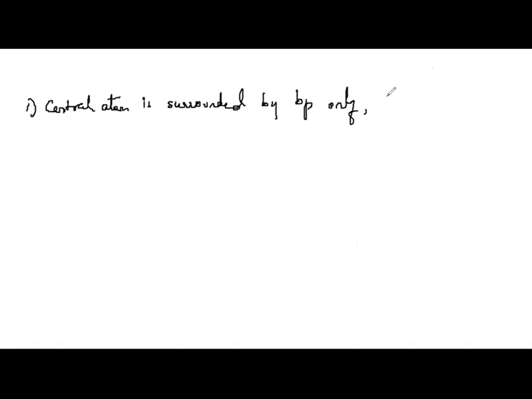It gives symmetrical geometry, because there will be only bond pairs. And what type of repulsions will there be? There will be only bond pair repulsions.